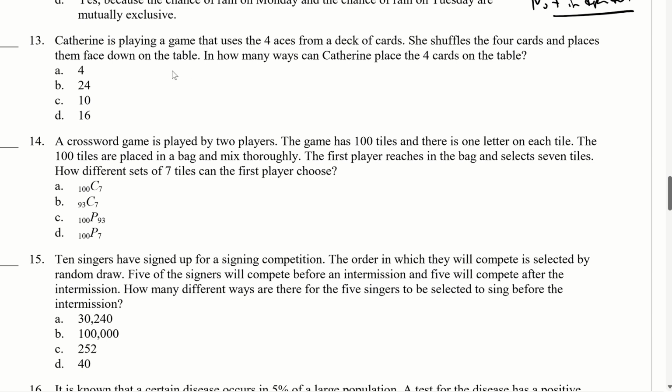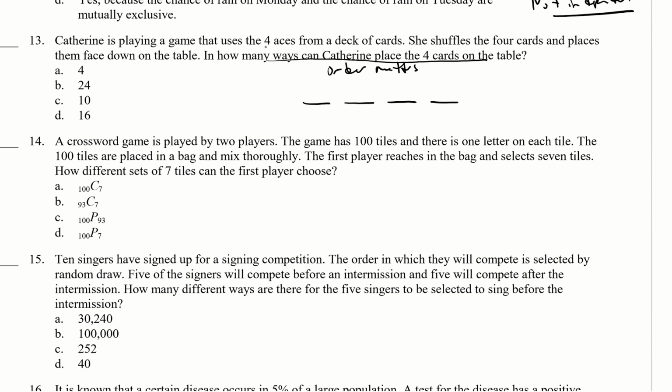All right, number 13, Catherine is playing a game that uses the 4 aces from a deck of cards. She shuffles the 4 cards and places them face down on the table. In how many ways can Catherine place the 4 cards on the table? Okay, so here it says how many ways can she place the 4 cards? That means order matters, right? Meaning that you have 4 slots, 1, 2, 3, 4, and then you have 4 aces.